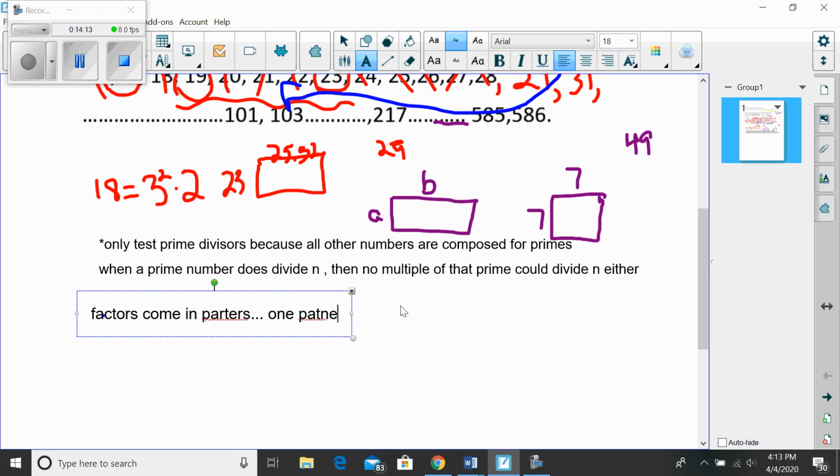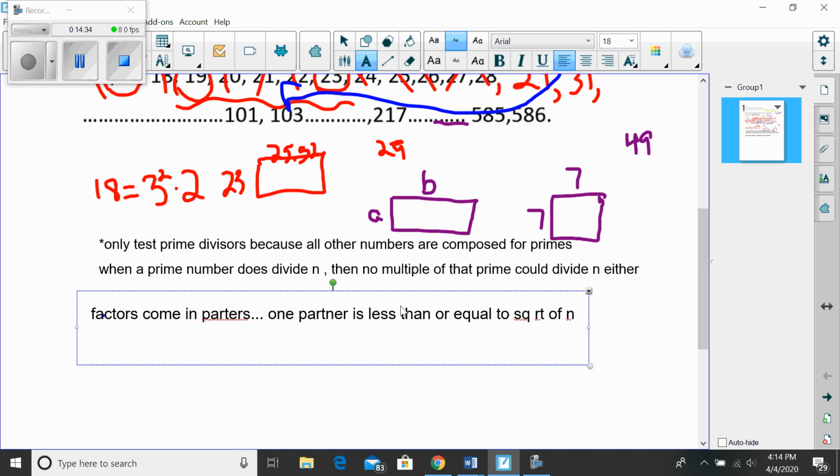One partner is less than or equal to, I wish I had the square root key, I don't think I have it here, square root of n, the other partner is greater than or equal to the square root of n.